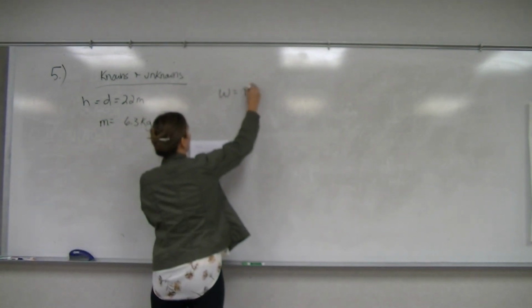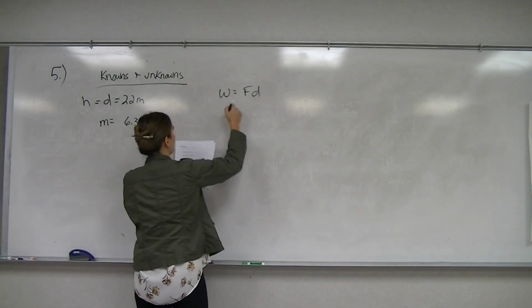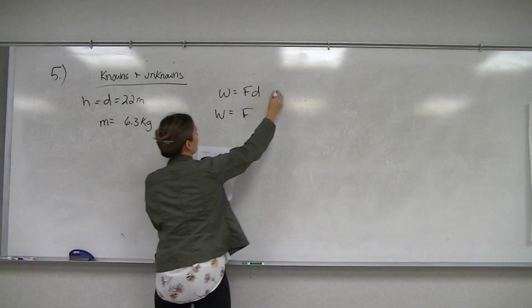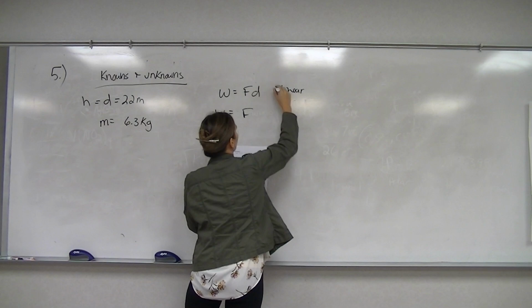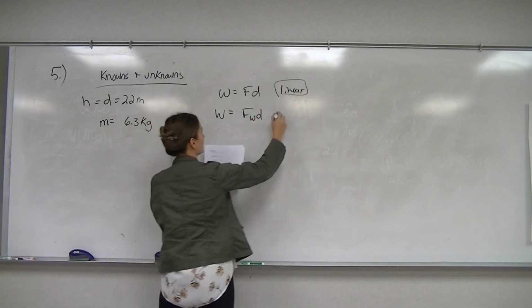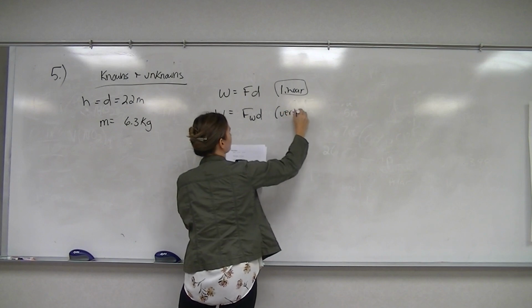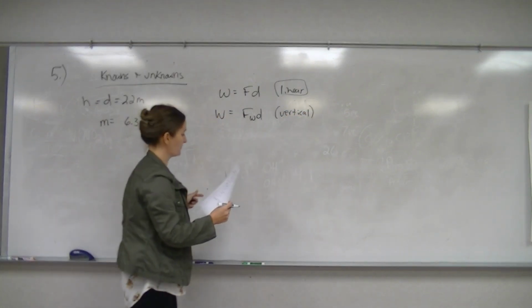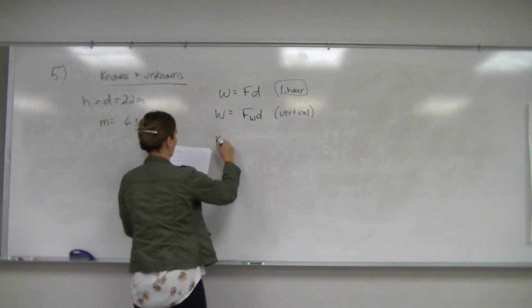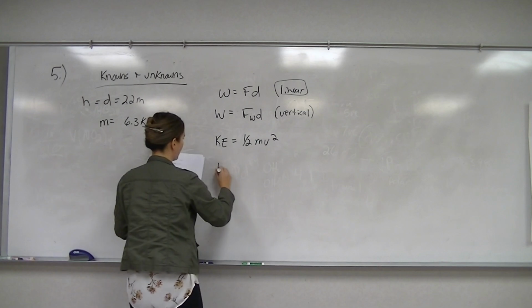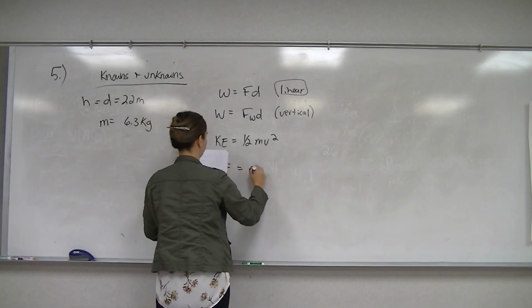We have work, F times D. We also have, so this is for linear work, F_W times D. This is for vertical, vertical being y-axis up. We also have the kinetic energy equation and the potential energy equation.